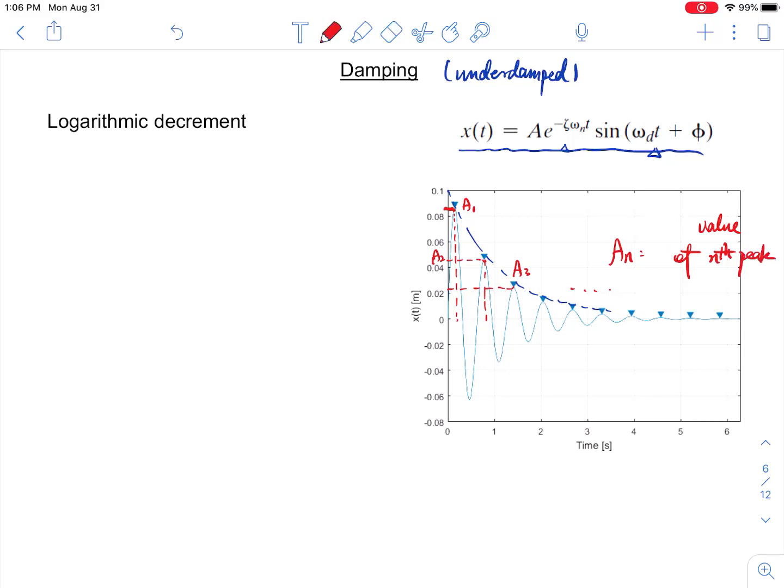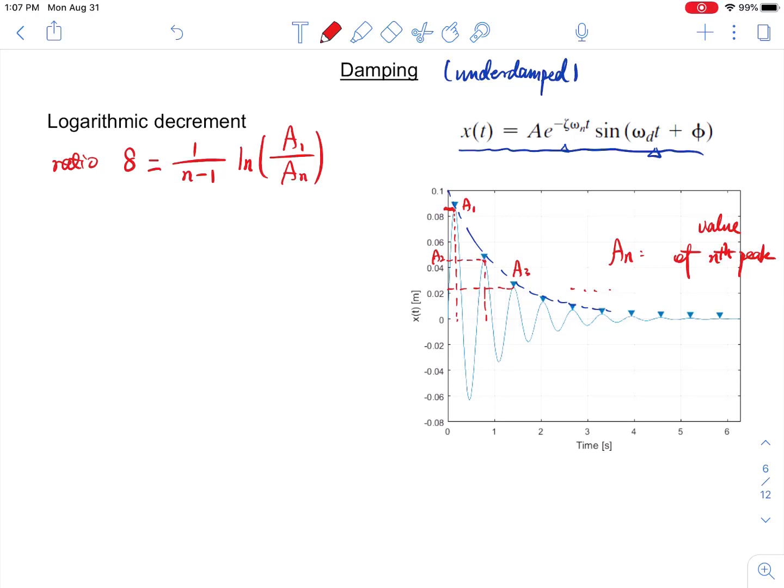Okay, and once you have these peak values, you first calculate a ratio, delta. Delta is 1 over n minus 1 times log of A1 over An.